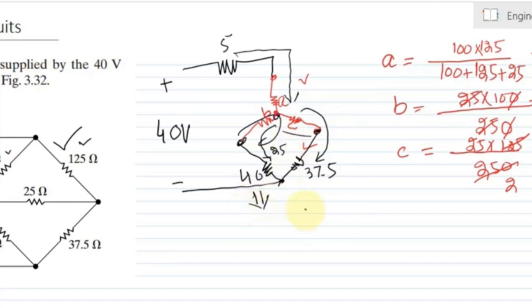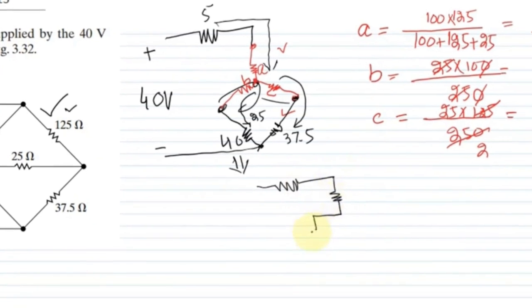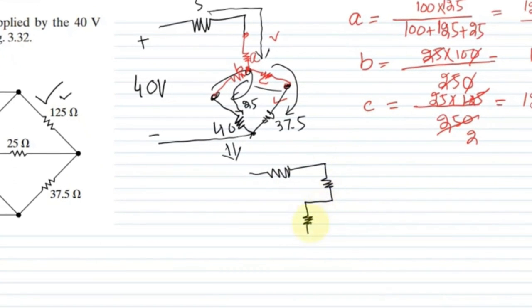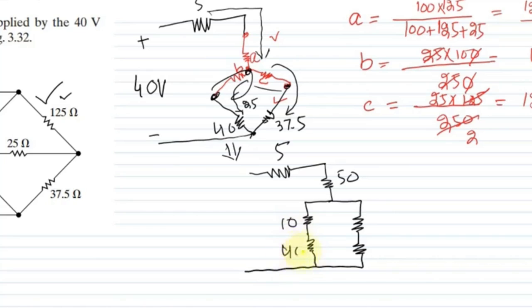So converting them into an unambiguous form, it will become like this one. Here this is the 5 ohm resistor, the resistor A is 50 ohm. Similarly, the value of resistor B is 10 ohm, and the resistor here is 40.